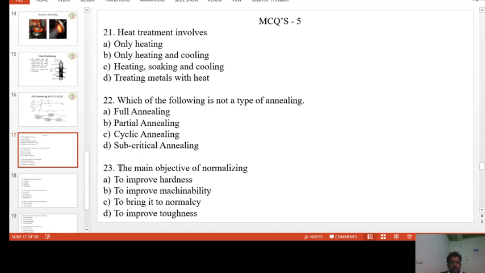The other one is, the main objective of normalizing: to improve hardness, to improve machinability, to bring it to normalcy, to improve toughness. So it is the second one, B, that is to improve machinability.